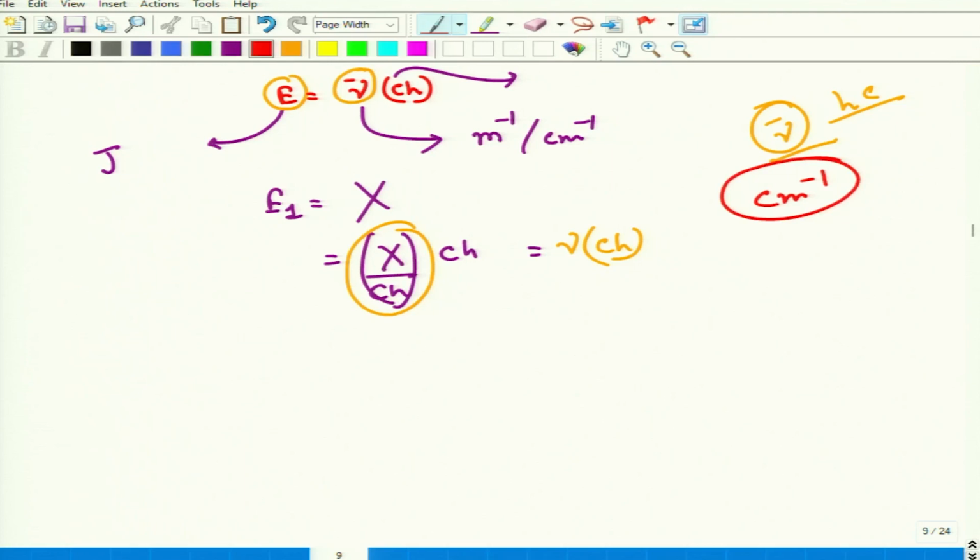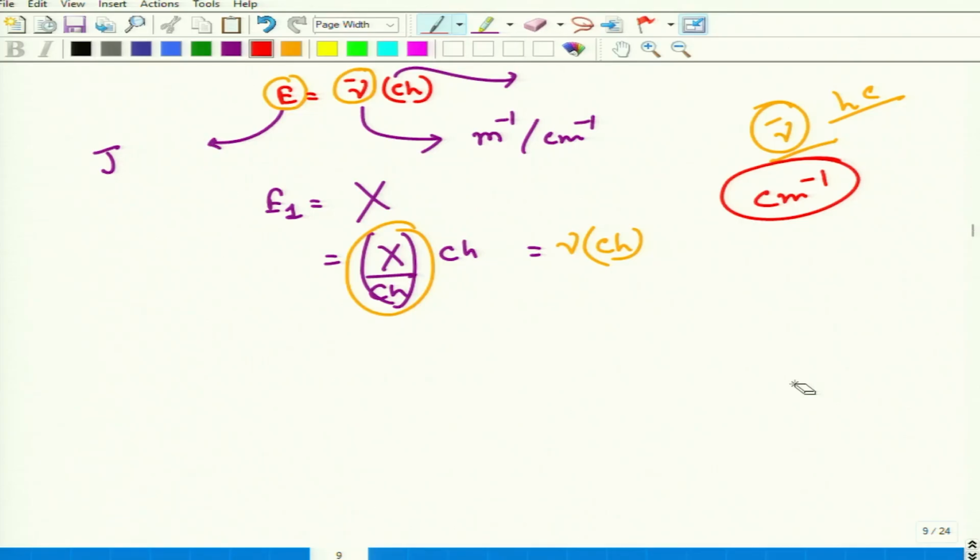We say the energy of this energy level is 1 centimeter inverse. Though it's physically incorrect, we have to understand the feeling, because this 1 centimeter inverse is actually the corresponding wave number of that energy level, but we use that equivalently, the energy and the wave number. So we should not be confused with that.